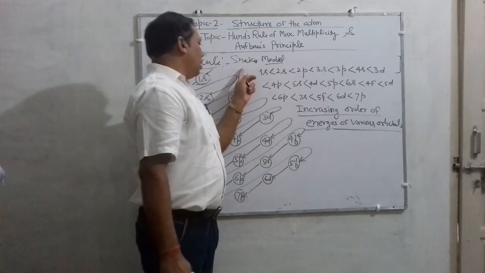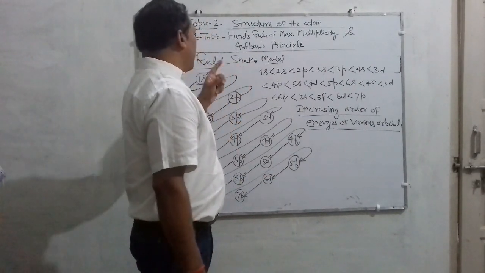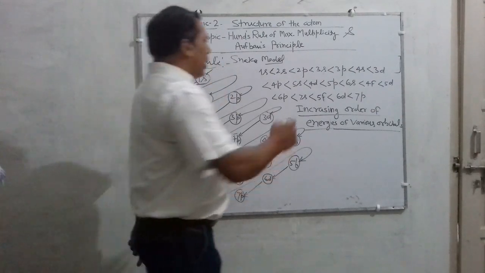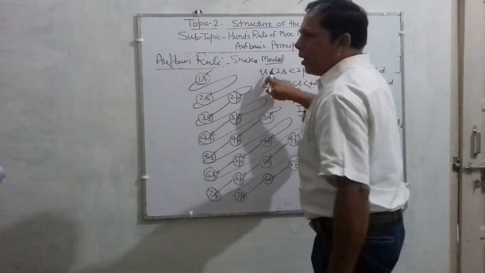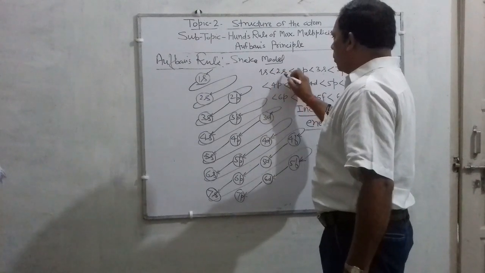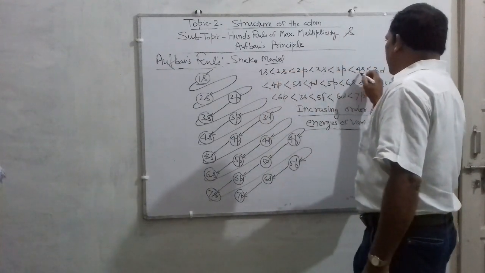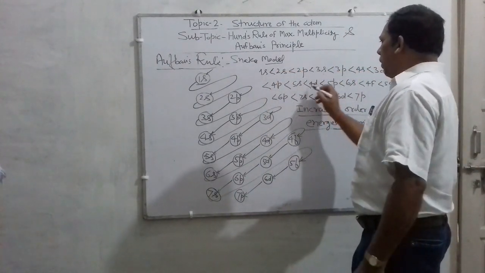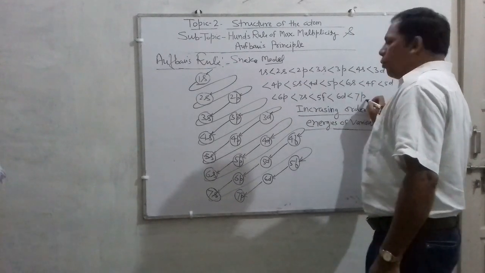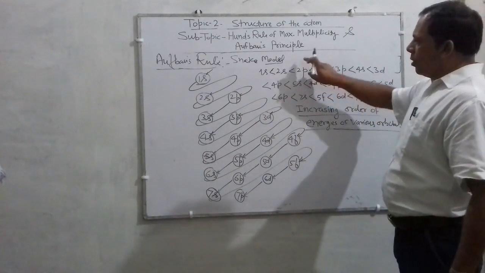So the increasing order of energies of the various orbitals is 1s, 2s, 2p, 3s, 3p, 4s, 3d, 4p, 5s and up to 7p.